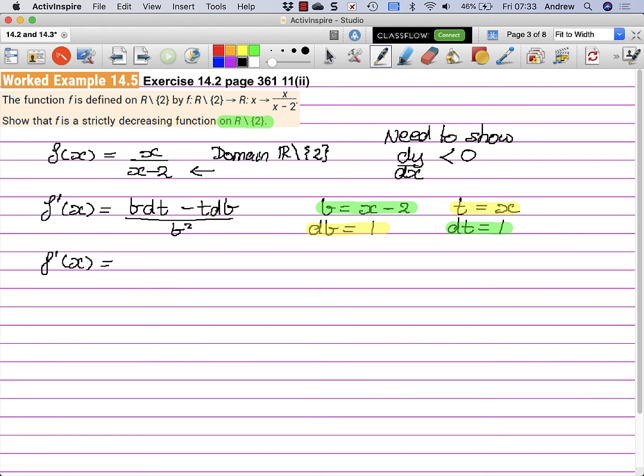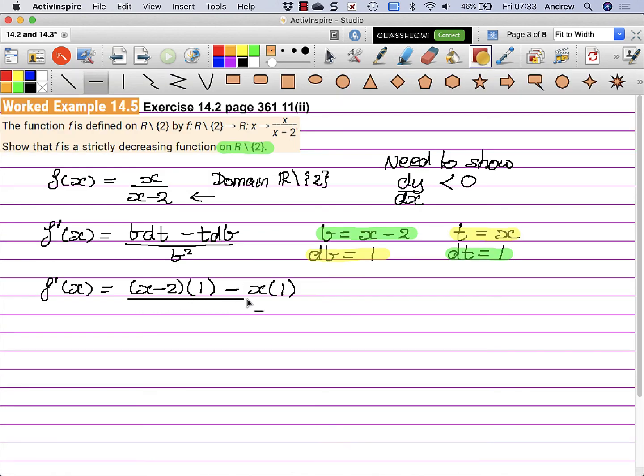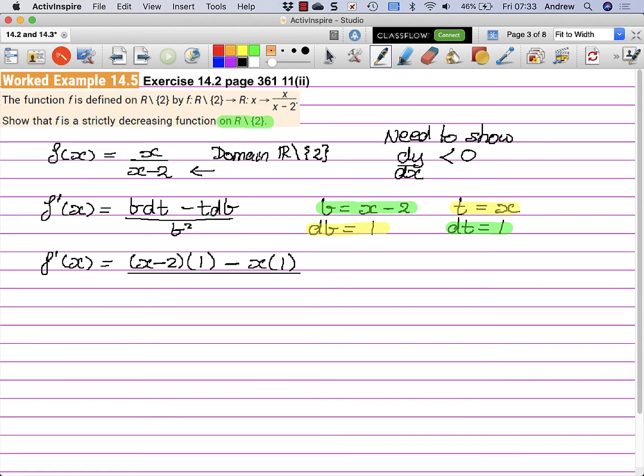So just highlight that now. So the bottom is going to be x minus 2 times the differential of the top minus the top, which is x, times the differential of the bottom, which is 1. And we're going to divide that by the bottom to be squared, which is going to be x minus 2 all to be squared.